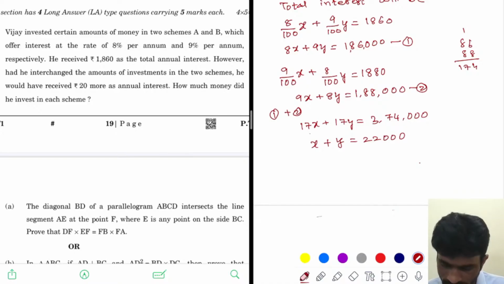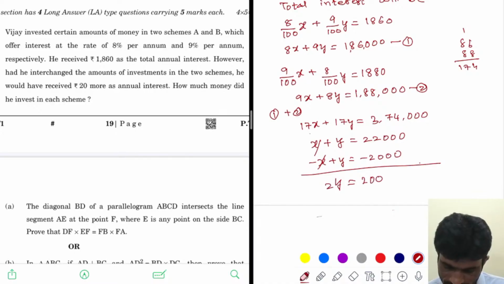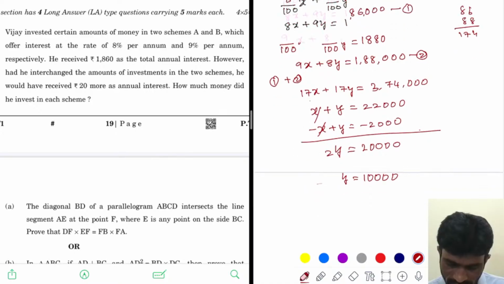But when you subtract both, we get minus x plus y is equal to minus 2000. Then x and minus x cancel. 2y is equal to 20,000, so y is equal to 10,000.